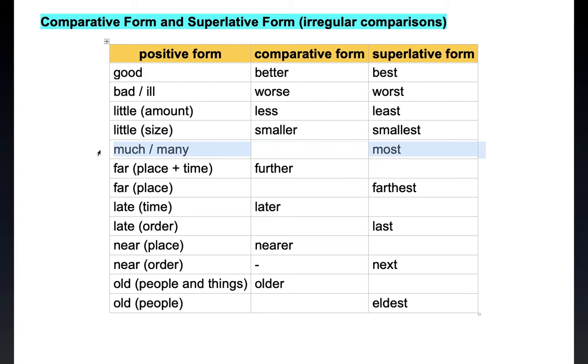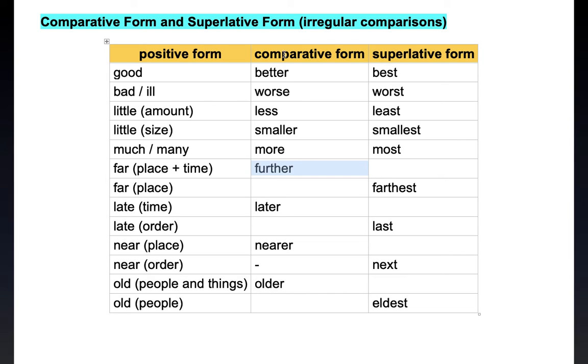Much or many. Much or many significan mucho o muchas. So for the comparative form it is more. And for the superlative form is most. Simple. Next, far, for places and time. Far es lejos. ¿Para qué? Para lugares y para tiempo. Cuando usted va a ir a un concierto, pero está lejos en tiempo, días, meses, semanas.